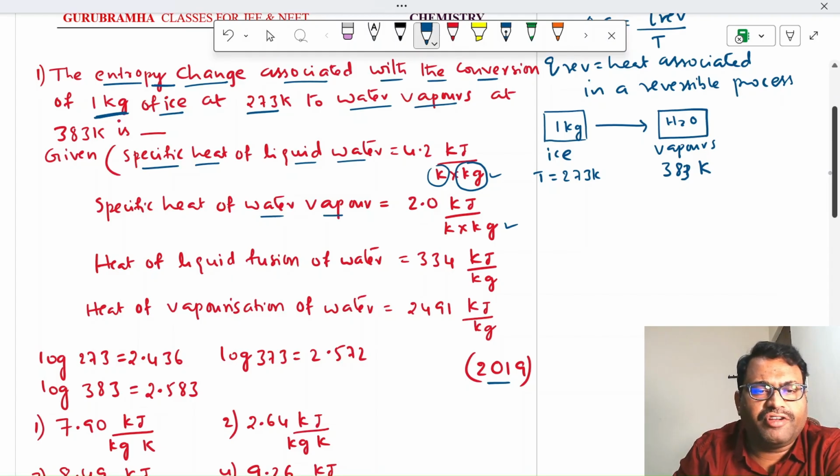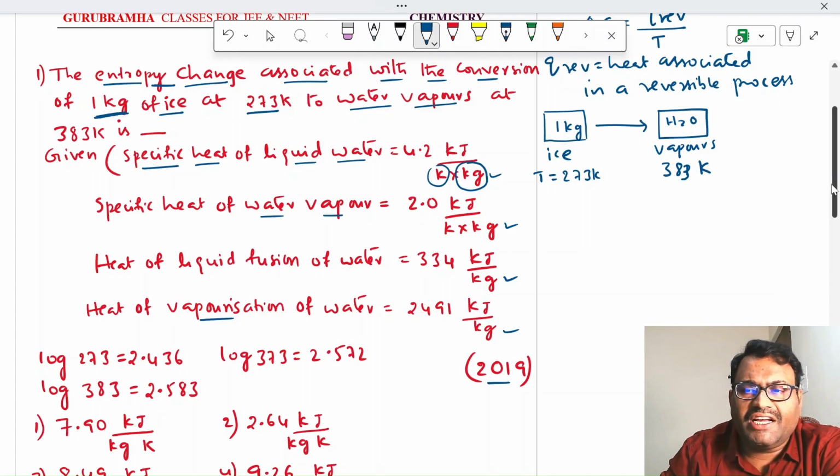Heat of fusion of water is given in kilojoule per kg. Heat of vaporization of water, kilojoule per kg, is given. So in this way, all the values are given per kg, and the mass of the ice is also 1 kg.